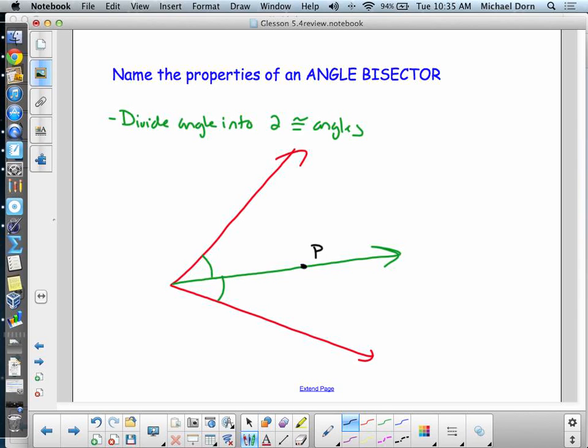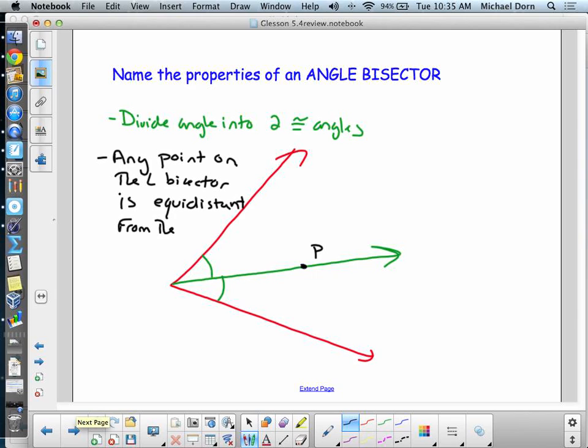What was significant about any point on the angle bisector? Any point on the angle bisector, our big word: equidistant from the sides, yeah. Right angle distance, they're equal distance.